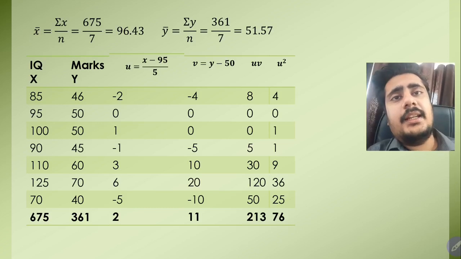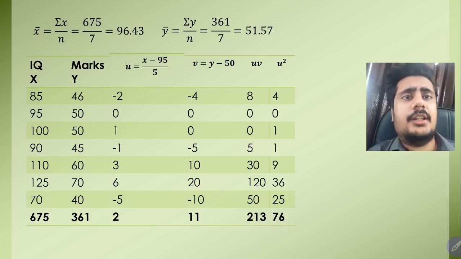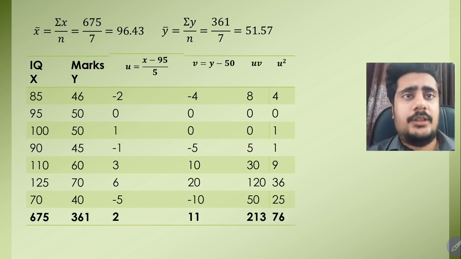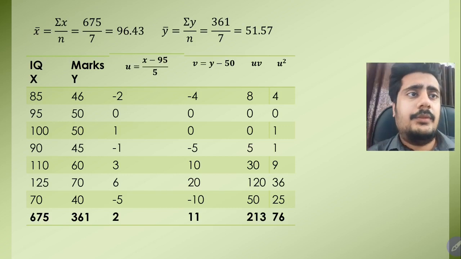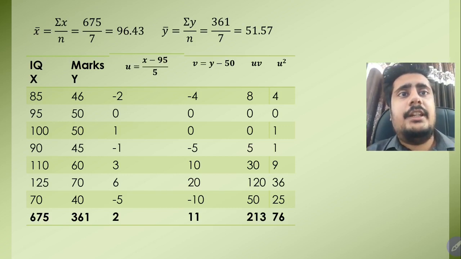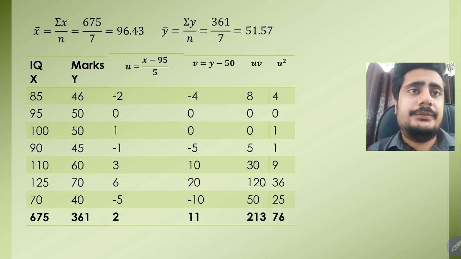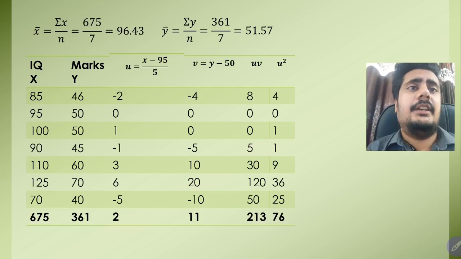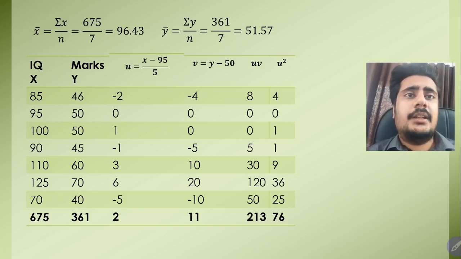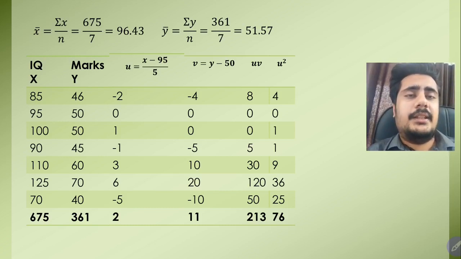As you can see, the values of x are 85, 95, 100, 90, 110. So it is a bit lengthy, or you can say a bit large value. We will subtract 95 and divide by 5. So 85 minus 95 is minus 10.